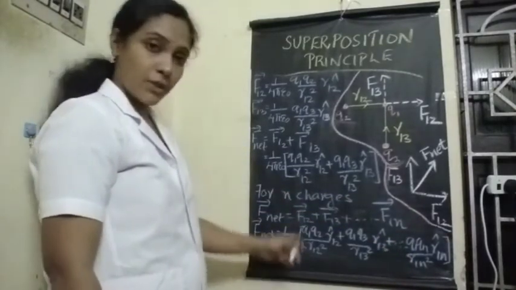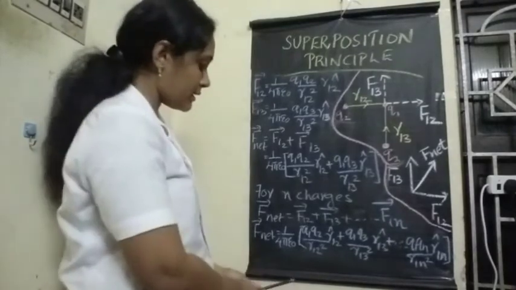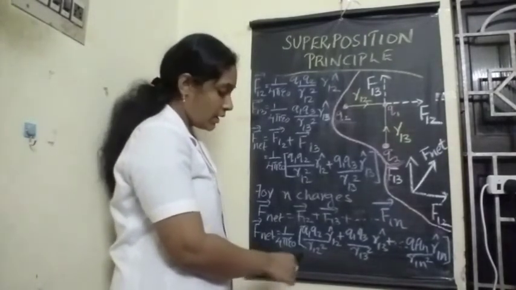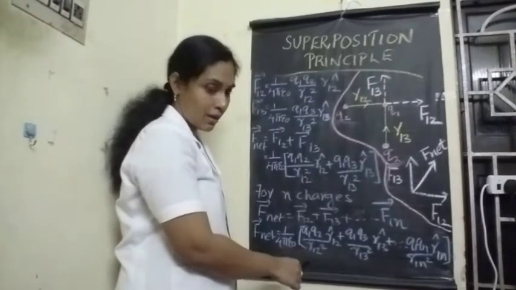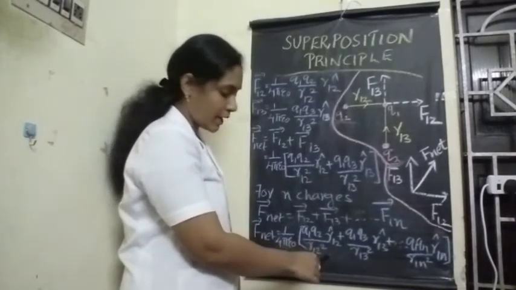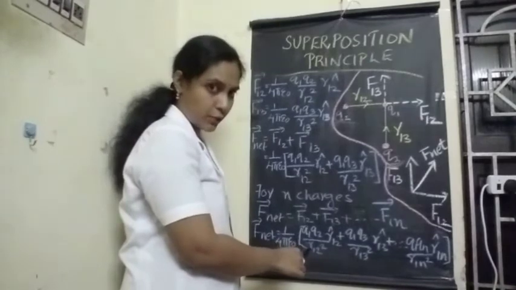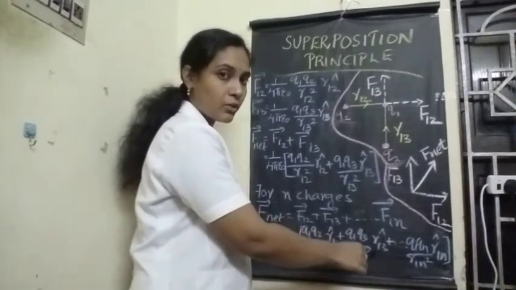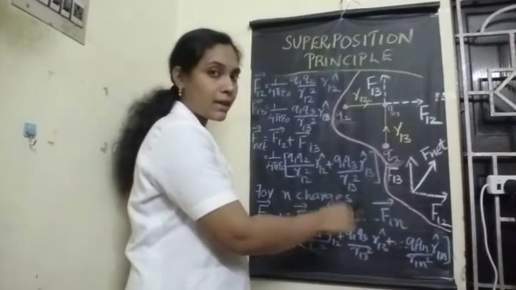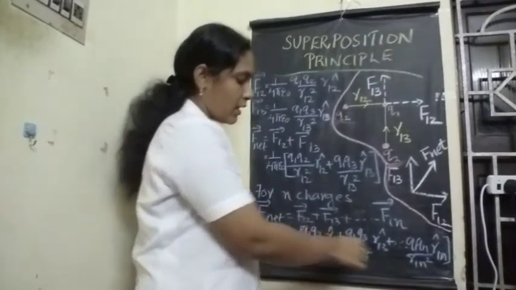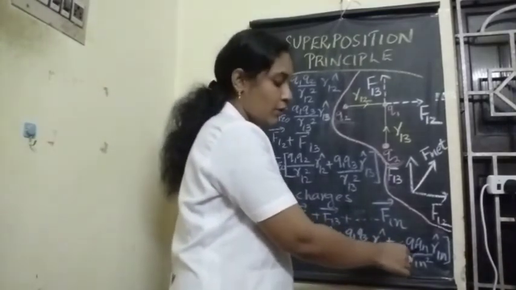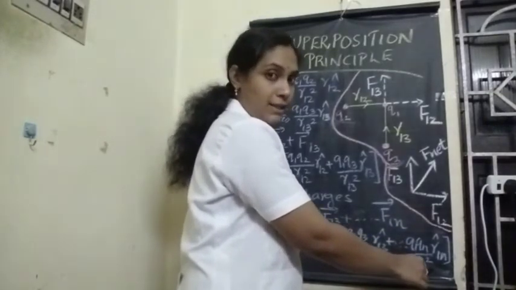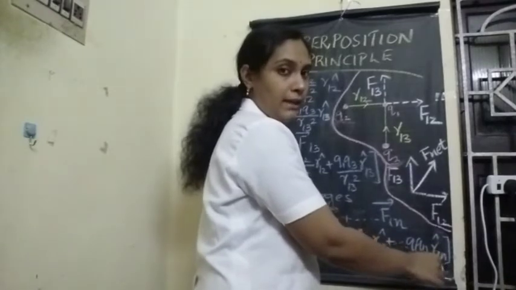Substituting the expressions, F net is equal to 1 by 4 pi epsilon naught into Q1 Q2 by R12 square into R12 cap, the expression for F12, plus Q1 Q3 by R13 square into R13 cap, the expression for F13, plus etc. plus Q1 Qn by R1n square into R1n cap.